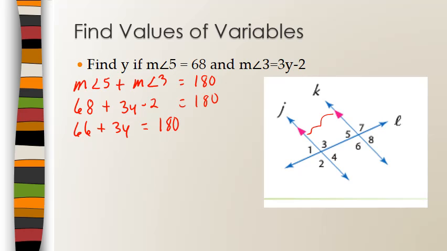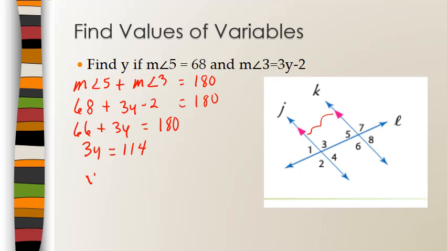And let's see, I'm going to use my subtraction property and subtract 66 from both sides. And that's going to give me 3y equals 180 minus 66, which is 114. So 3y is now equal to 114.